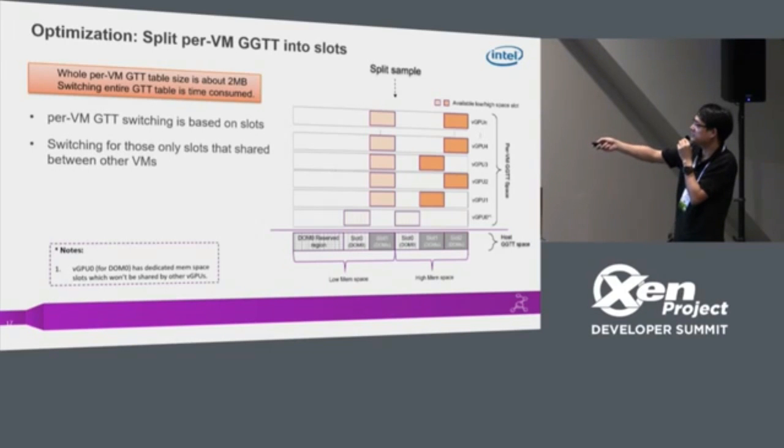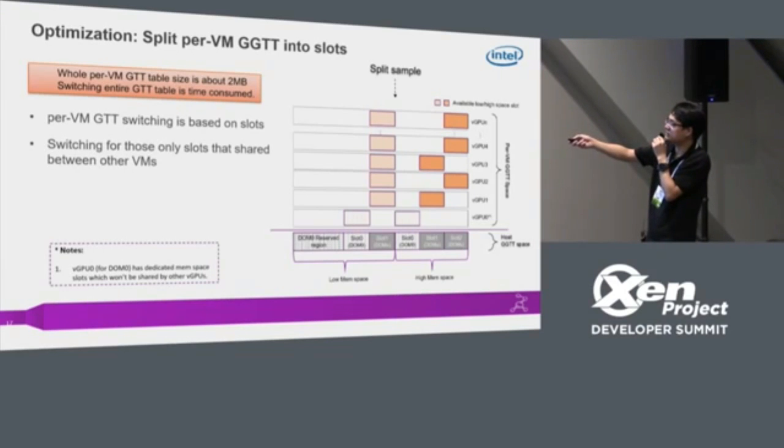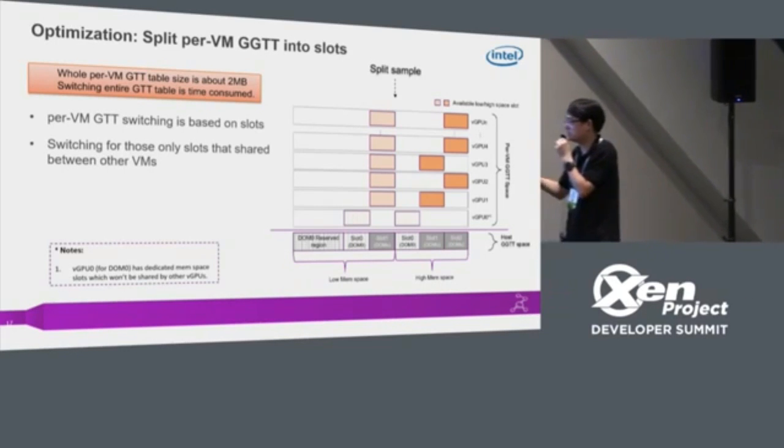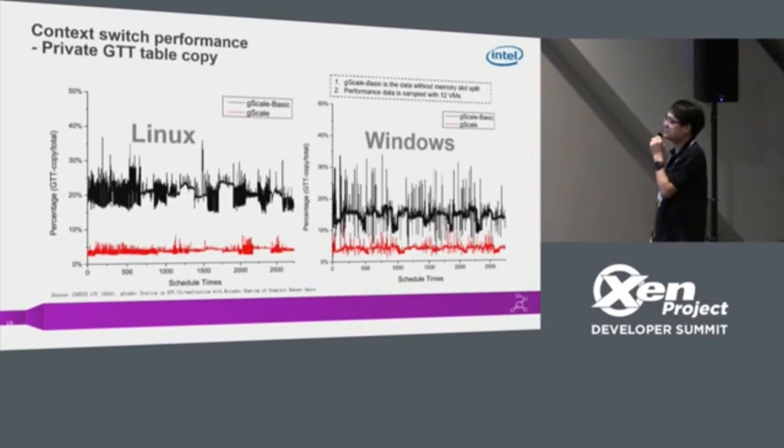Before this slot they are different, but all the others are the same. So when we switch from VM1 to VM3, the only thing we need to do is change this slot to VM3. We don't need to switch the entire tables here. So here we reduce lots of CPU cycles, and here come our performance collections.